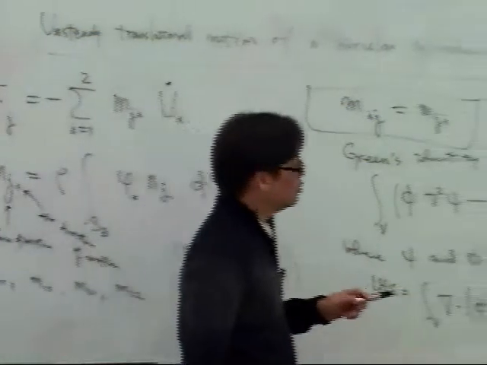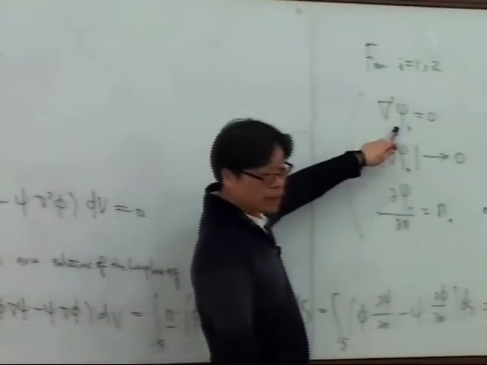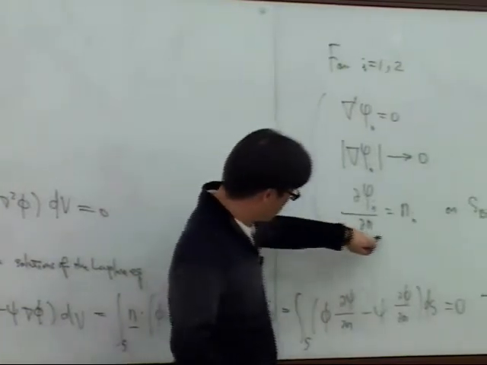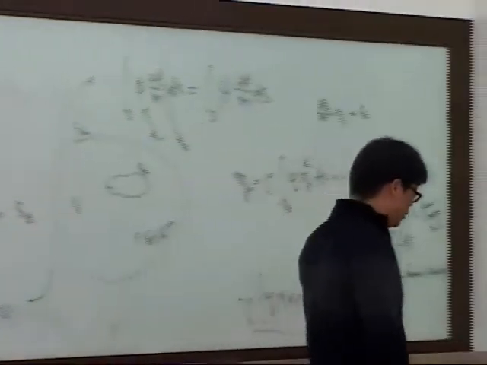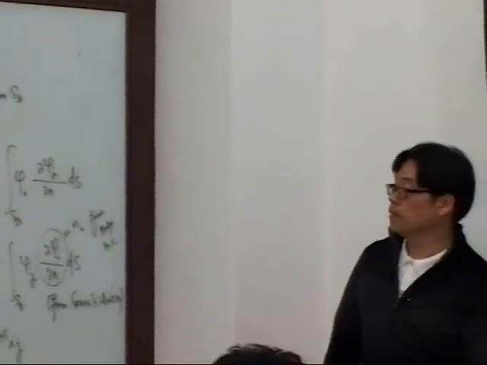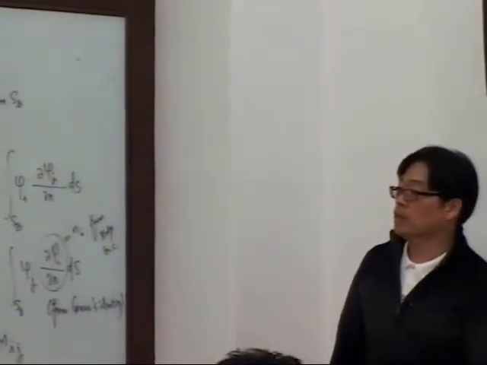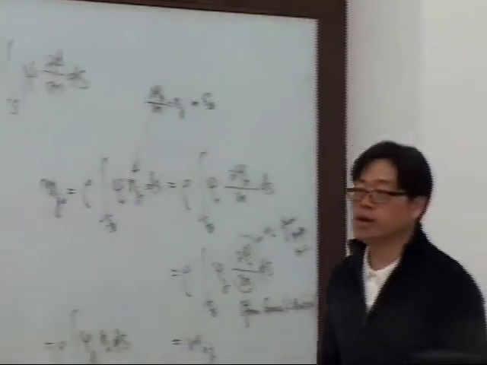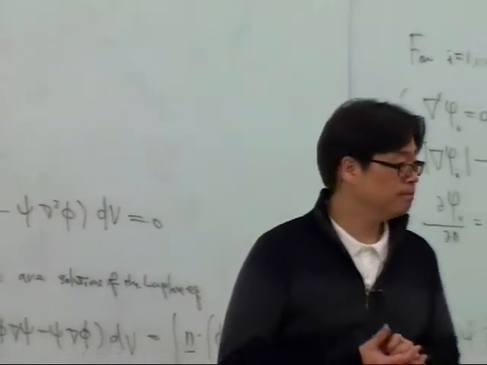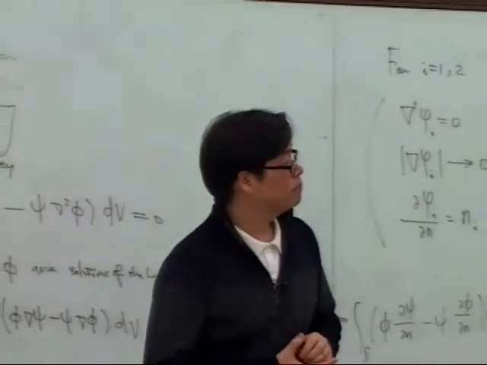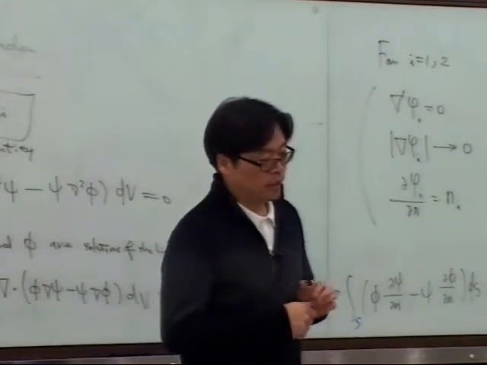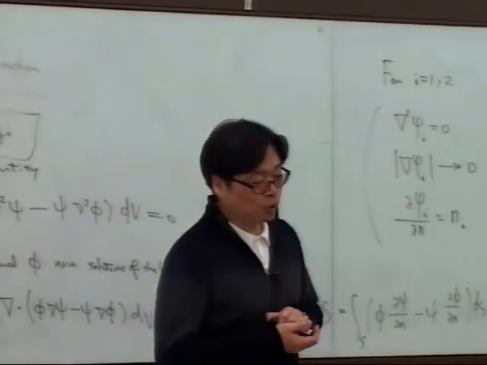The reason why I could do that is that phi_i and phi_j both satisfy the Laplace equation, and we use this identity on the body surface, that boundary condition. Okay. Any questions? So if M12 is 0, then M21 has to be 0.